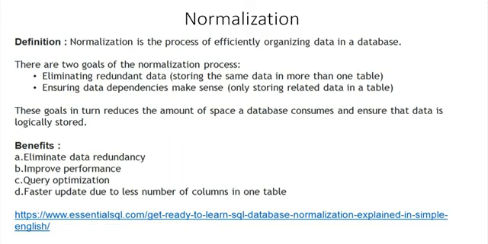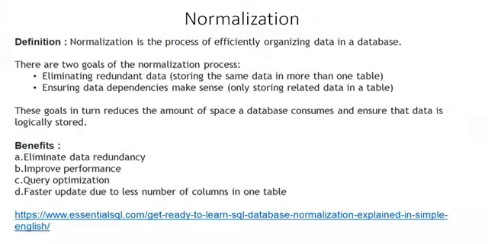And so what happens after normalization? Normalization helps you to reduce the amount of space in the database and also ensures that the data stored inside these tables is logically organized.